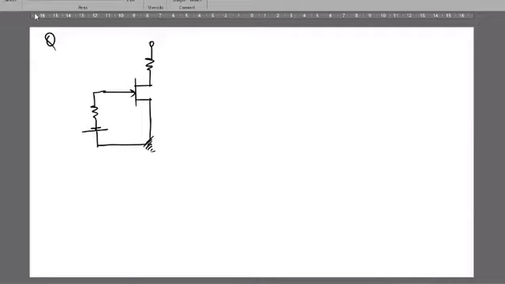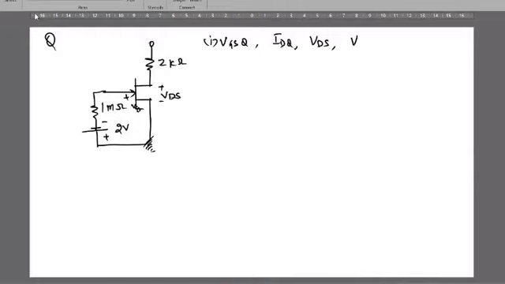Okay, this is grounded, minus plus, this is 2 volts, this is 1 mega ohm, this is 2 kilo ohm, and here this is plus minus VGS, this is plus minus VDS, and you have to calculate first VGSQ, IDQ, VDS, VD, VG, VS. You have to calculate these parameters.